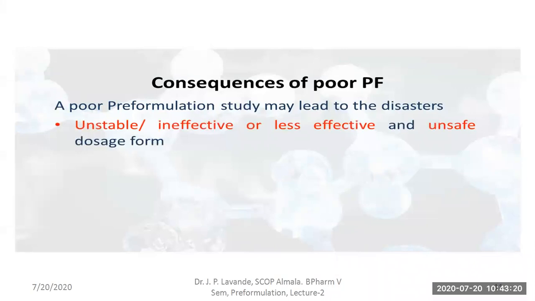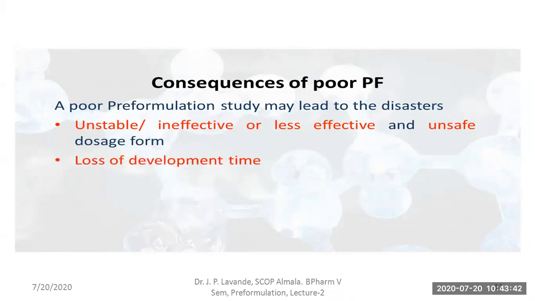These disasters might be in the form of instability of the product, which will become ineffective or sometimes less effective, and sometimes it is unsafe also. Ultimately the product is the dosage form.